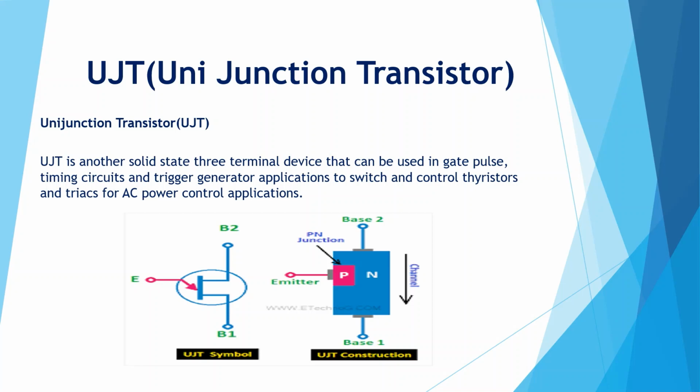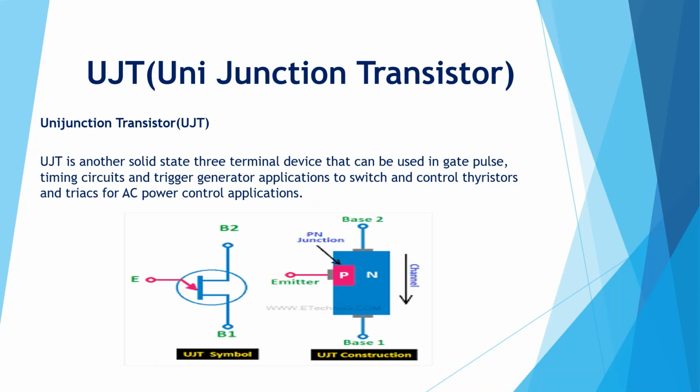It also differs from the field effect transistor. A field effect transistor can amplify signals, but a uni-junction transistor cannot amplify. It can only be used as a switch. However, the uni-junction transistor has an ability to control a large AC power with a small signal.